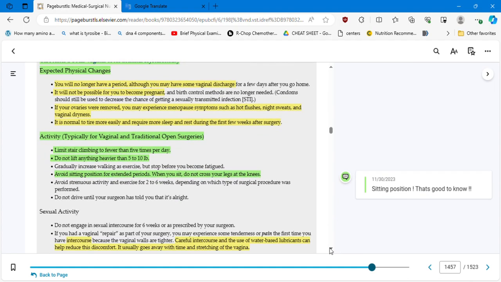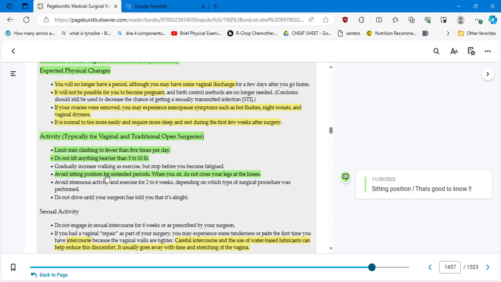Activity, typically for vaginal and traditional open surgeries. Limit stair climbing to fewer than 5 times per day. Do not lift anything heavier than 5 to 10 pounds. That's a good restriction, 5 to 10 pounds. It seems nothing, but you pay attention to this.